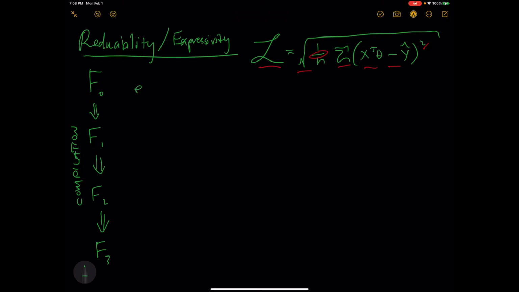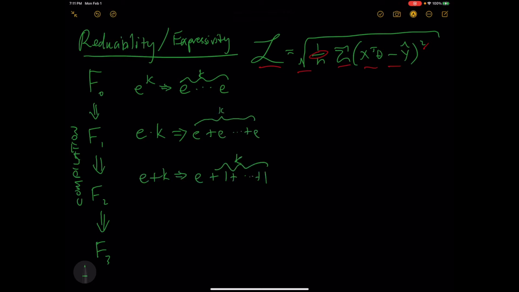So for starters, if we have an exponent, then this is just the base times itself, k times. And what's a product but repeated addition? And you can take this one step further to just get a single operator, but that's a topic for another video.